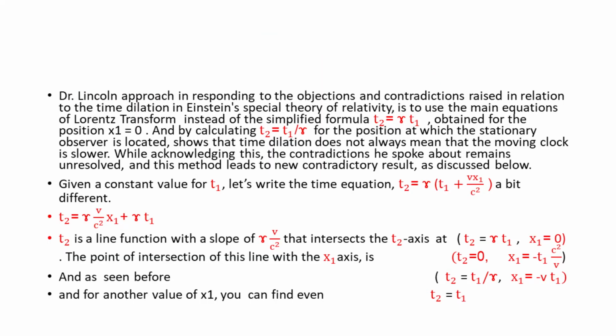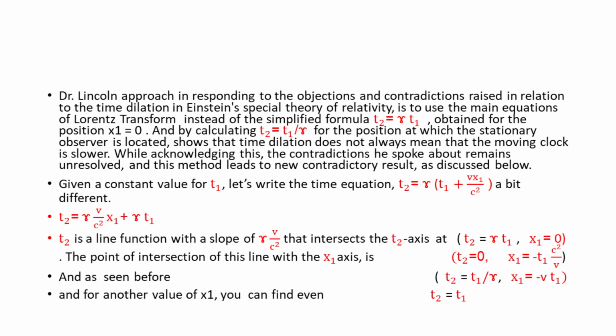Dr. Lincoln's approach in responding to the objections and contradictions related to the time dilation in Einstein's special relativity theory is to use the main equations of the Lorentz transform instead of the simplified formula T sub 2 equals gamma times T sub 1, obtained for the position x sub 1 equals 0.